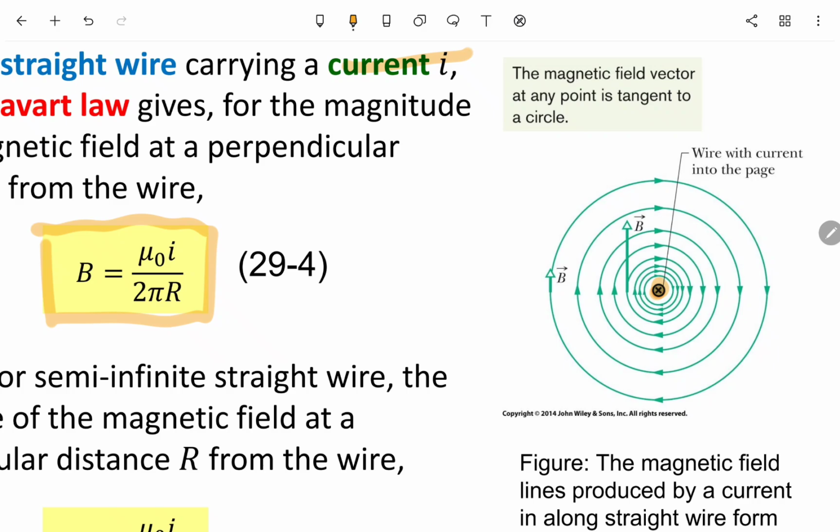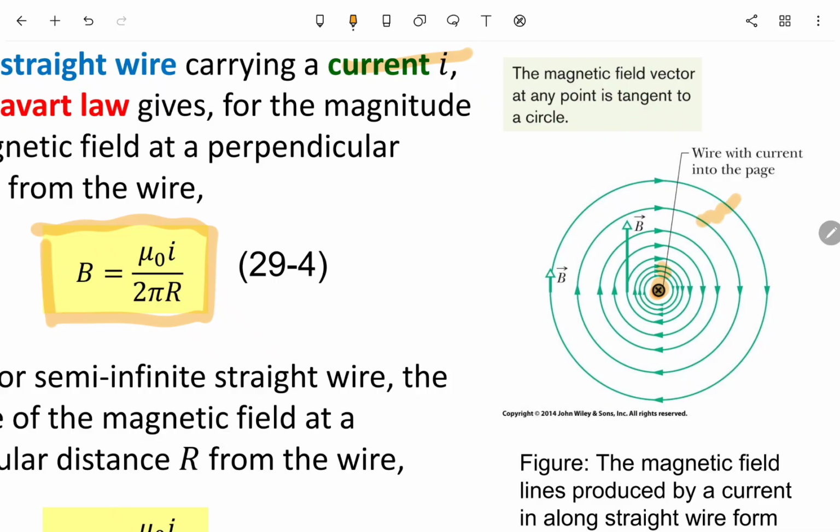It will generate a B field rotating around this wire. You can see the B field lines here: denser closer to the wire, and sparser farther from it.